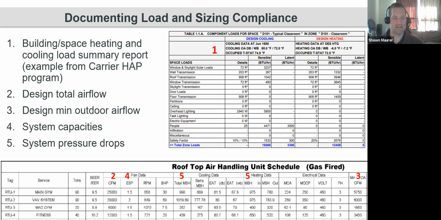System capacities and efficiencies of those systems need to be documented, making sure they comply with the minimum requirements in the mechanical tables of the IECC Energy Code. And system pressure drops. The pressure drop is a documented requirement. It helps for sizing of those fan motor systems. So all that information is listed in the section 103, C103, as required mechanical system documentation.